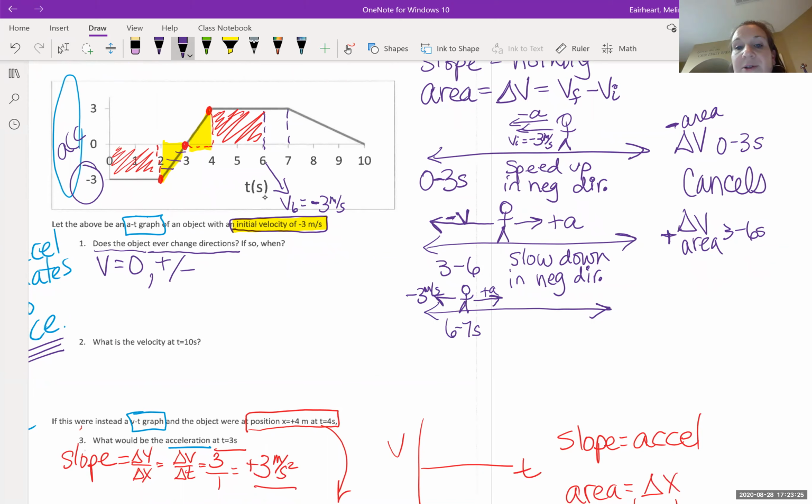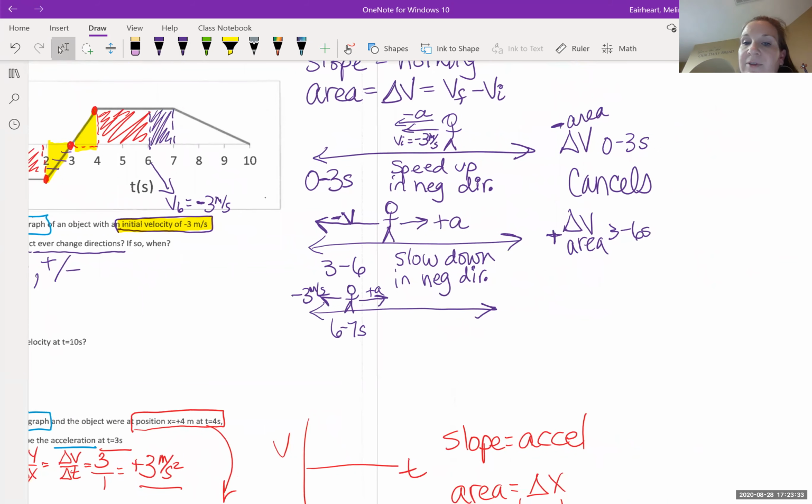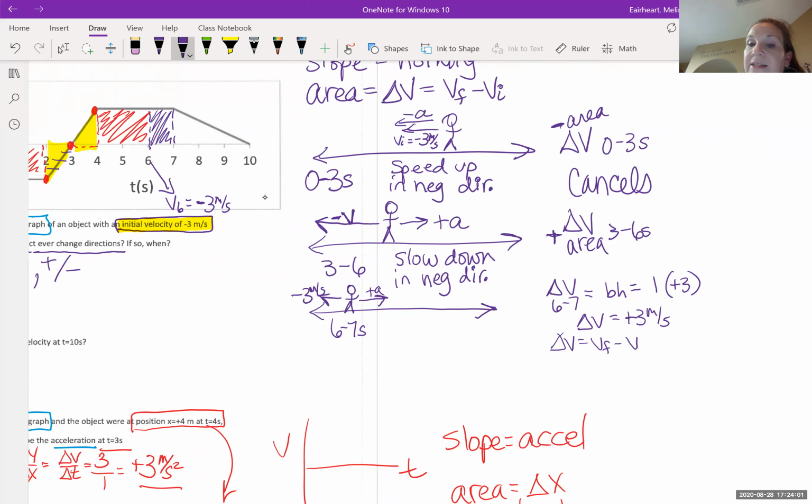And so now we're going to do some math, okay? Because this small area here, okay, slide over. So this area from 6 to 7 seconds, it's a little rectangle, has a base of 1 and a height of +3. So that change in velocity is a +3 meters per second. Now, that doesn't mean much to you maybe until we apply it to initial and final. And so, change in velocity, once again, final minus initial.